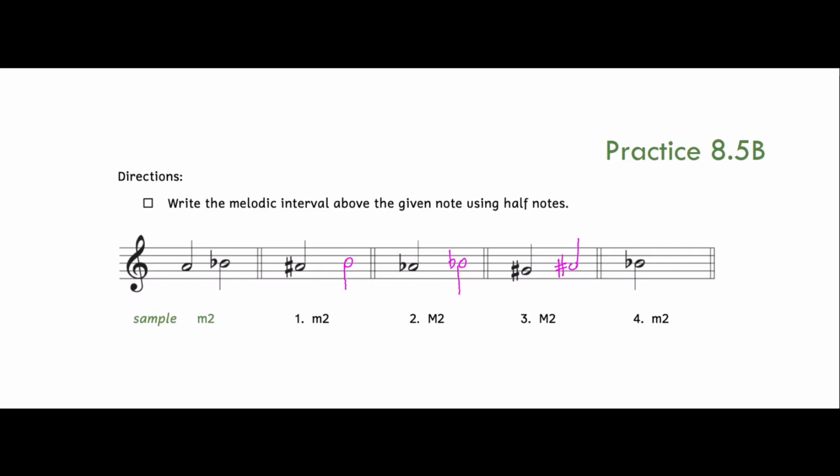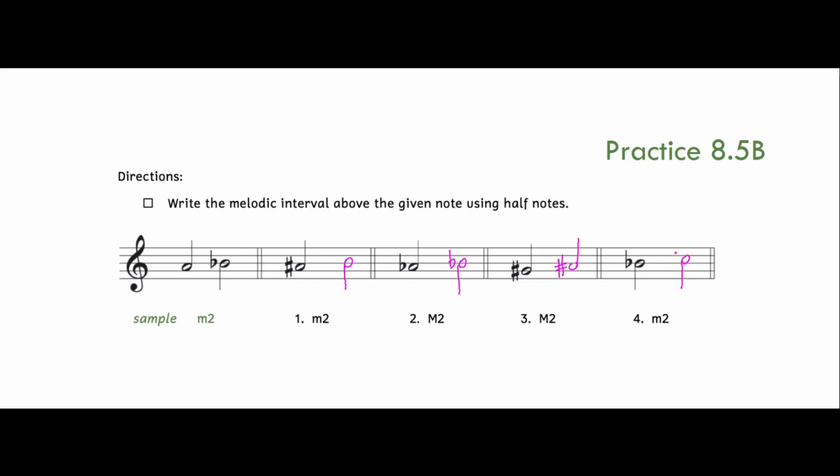Number 4, what is a half step, or a minor second above B flat? Now, you might be tempted to say a half step above B flat is B natural. That's why you always have to do the number first. So a second above B is C, so your answer has to be C something. So we know it looks like B, so what kind of C is enharmonically equivalent to B?